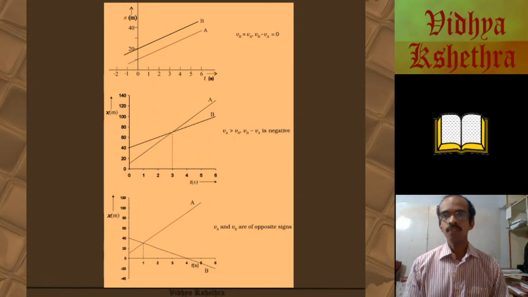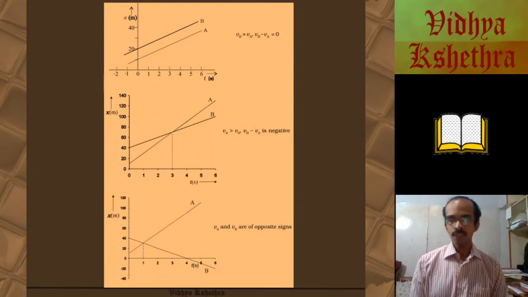First, VB is equal to VA, then VB minus VA is equal to 0. Then the second case is VA greater than VB. In this case, VA and VB meet at a point. VA has a much steeper slope than B, and VB minus VA is negative.